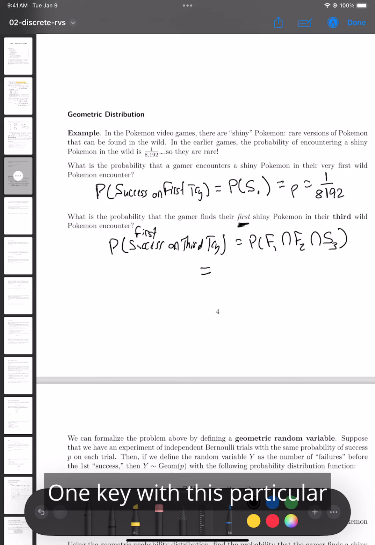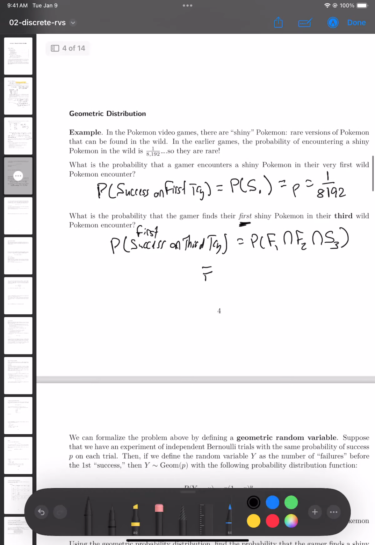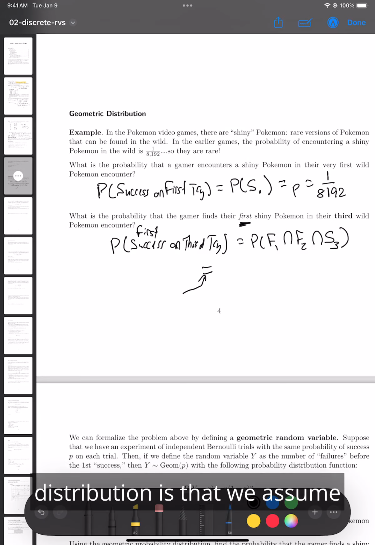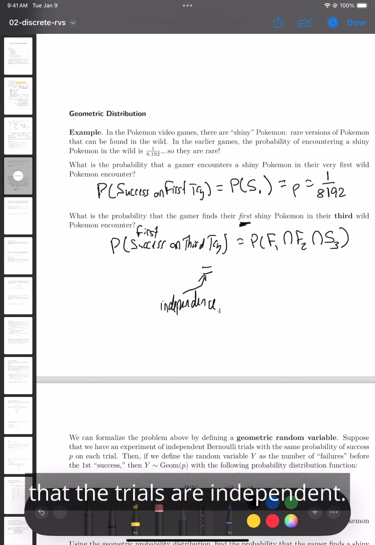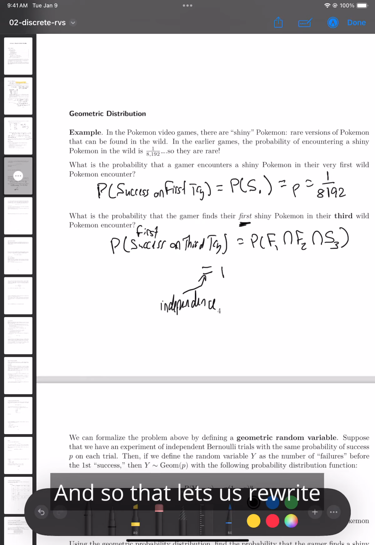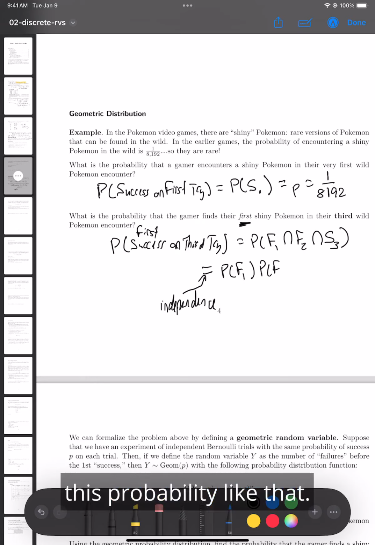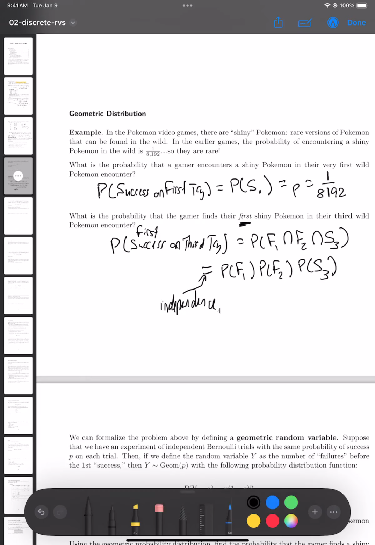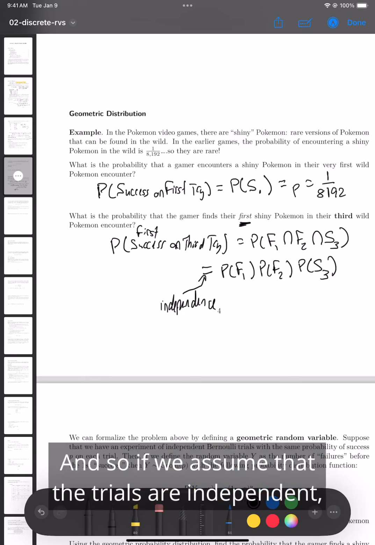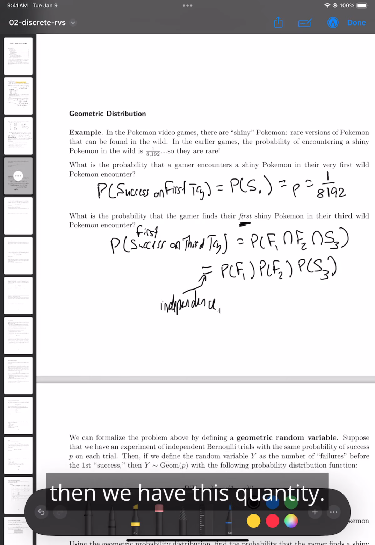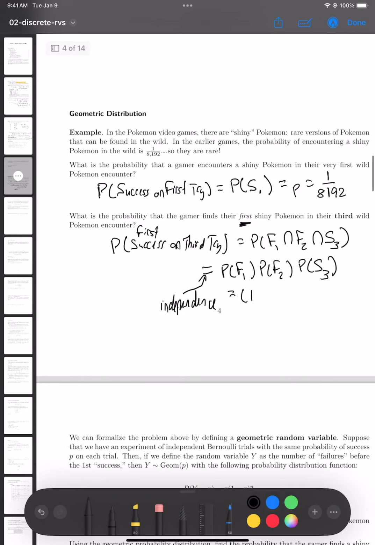One key with this particular distribution is that we assume that the trials are independent. And so that lets us rewrite this probability like that. And so if we assume that the trials are independent, then we have this quantity.